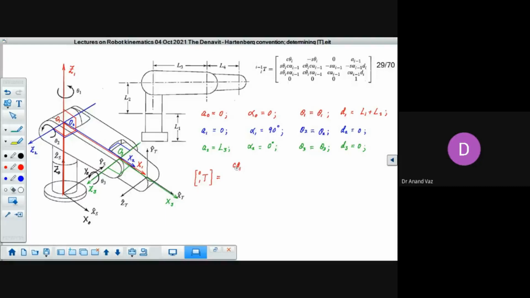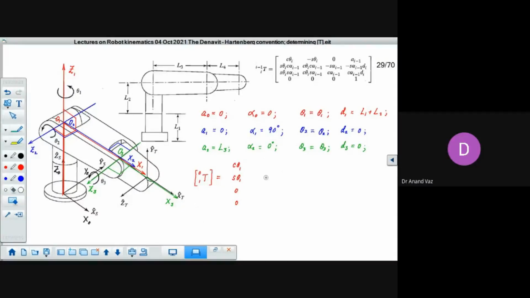So we know that this will just be sine theta 1 itself. Then sine of theta 1 into sine of 0, so this will be 0. So sine of 0 is 0. And here you have the fourth row.